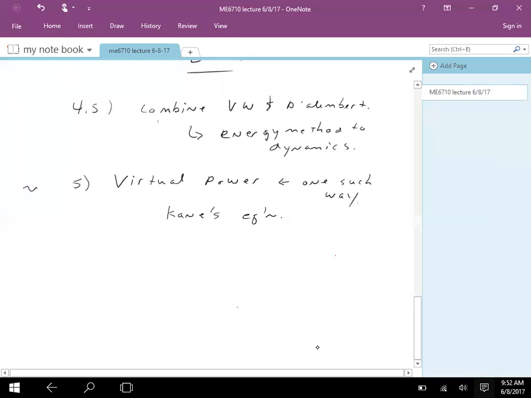Lagrange's equations were developed by Joseph Lagrange. I have 1788, but it's hard to say exactly when these things came around.